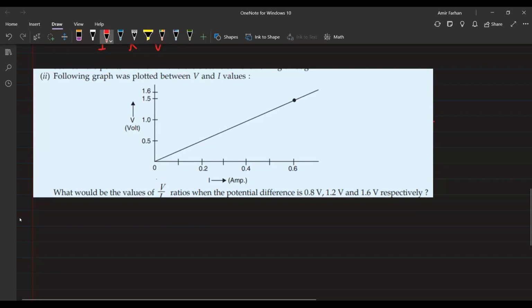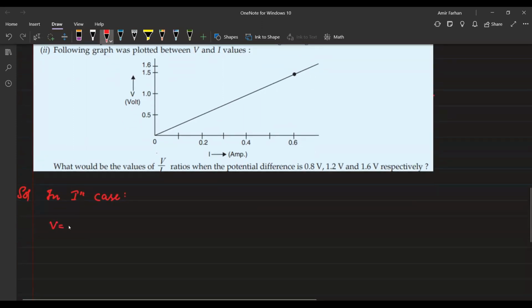Okay, let me directly write it like this. So in the first case, your V comes out to be 0.8 volt. Clear? And you have to find the current corresponding to the 0.8 voltage. Clear, everybody?